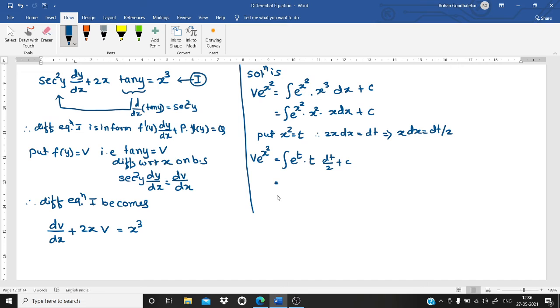E raised to t into t, integration by parts, that is integration by uv. So this is u into v1 minus u dash into v2 plus u double dash into v3 minus, and so on.